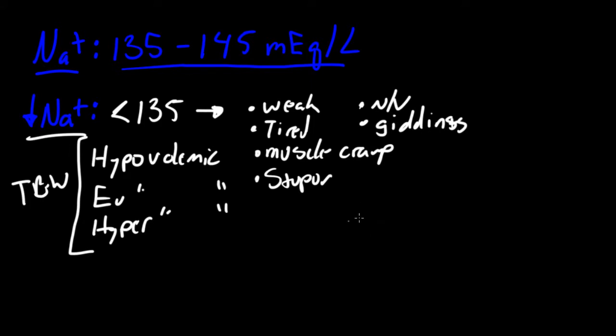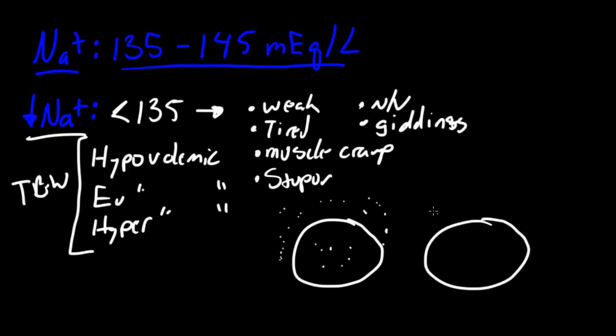Also, let's just do a quick diagram. Let's say we have a cell here. We don't have much on the inside, so not that many solutes, and we have a lot of solutes on the outside of the cell. That would be hypernatremia, which we're going to talk about in a second. In hyponatremia, there's not a lot outside the cell, and there's the normal amount inside the cell.